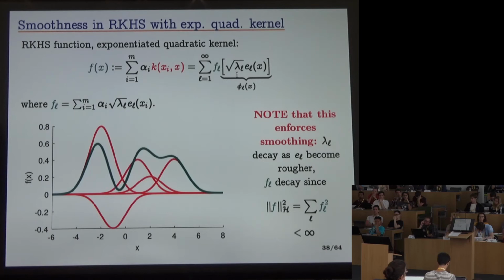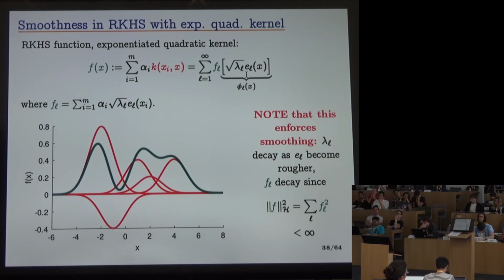So you can already see why this is a smooth function. The lambdas are decaying, right? The lambdas are getting smaller and smaller as I go up with my l. My features are getting less and less smooth as I go up my l. The sum of the squared f's has to be finite, so these f's also have to get smaller and smaller as I go up my feature dictionary. So that means that the non-smooth features are going to have, in general, very small coefficients.